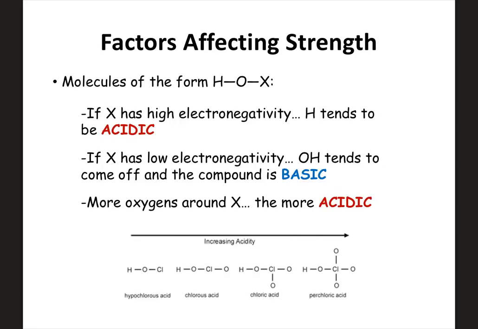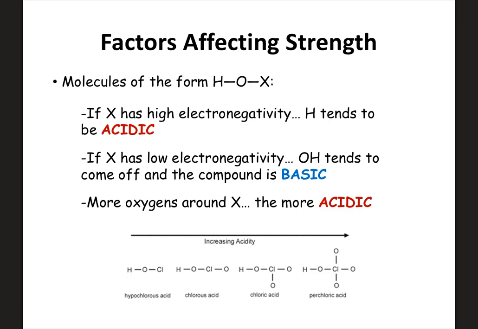A couple other things to consider here regarding these factors that affect strength. If you have molecules in this general form, they have an H attached to an O, and then that O is attached to some element X. If that element has a high electronegativity, the H is going to tend to want to come off, allowing the substance to be acidic here. All right.